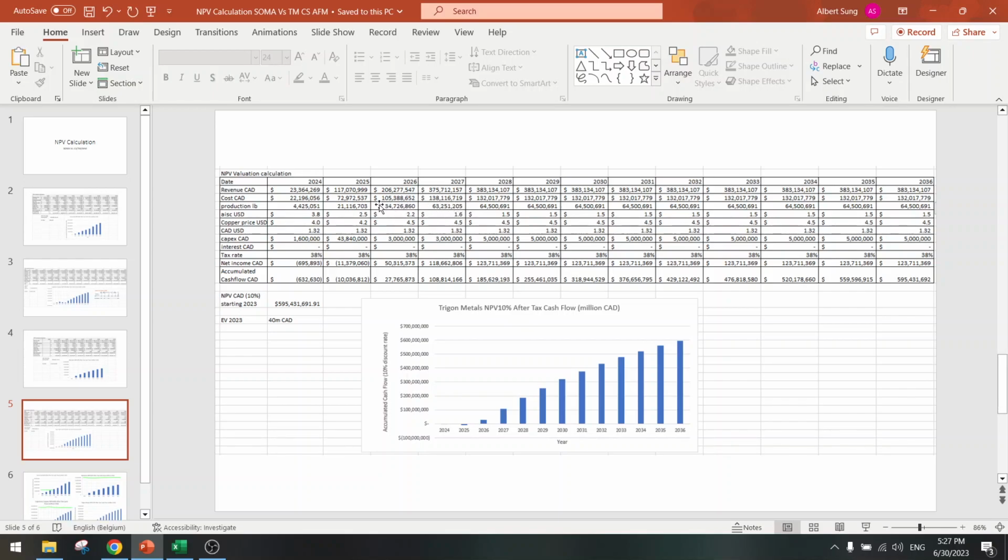Okay, so that's another 3x in production from here and a 10x in production from here to here, right? So a 10x in production in just a few years.